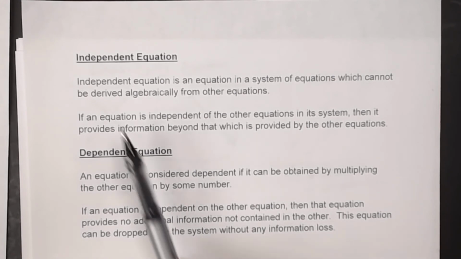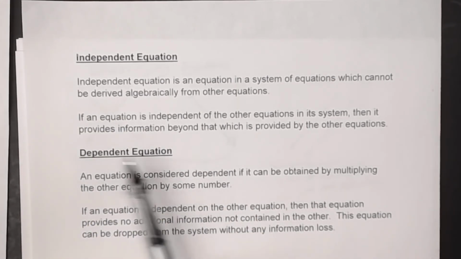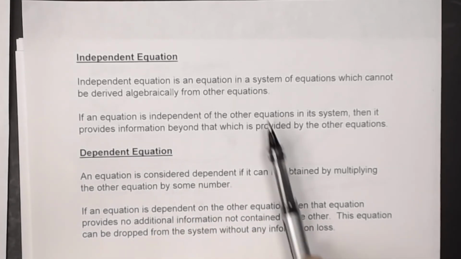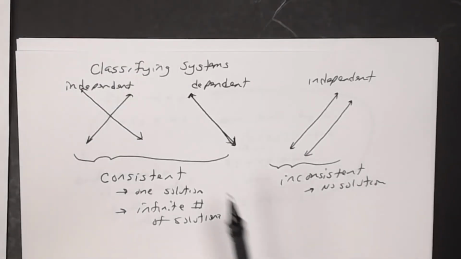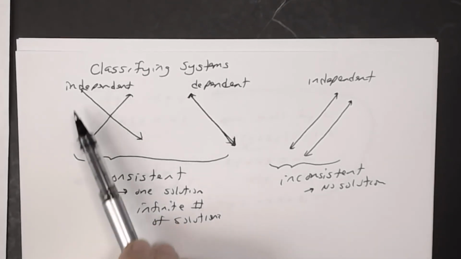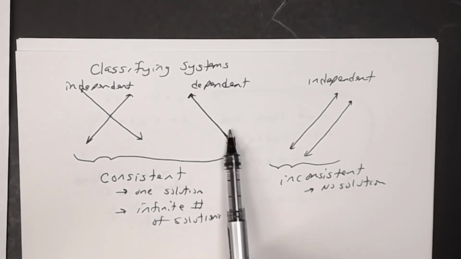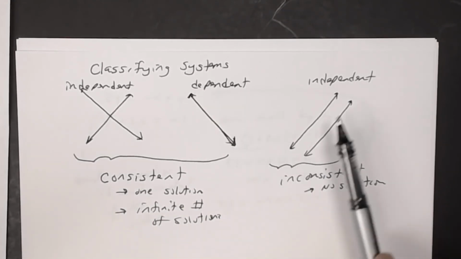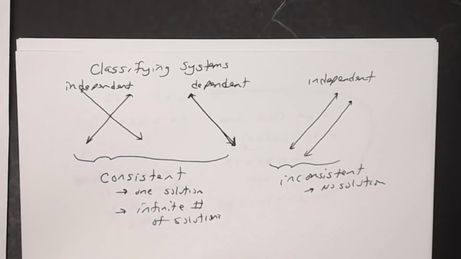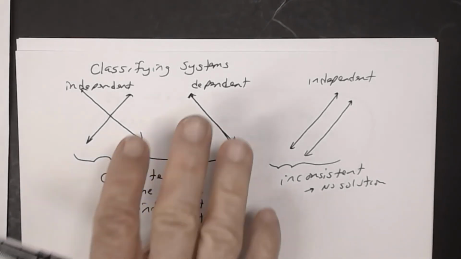So understanding what independent and dependent means in terms of these statements will help you to understand why these equations are independent, why these two equations are dependent, and why these two equations are independent. Okay, so that is the end of our lesson on classifying systems.